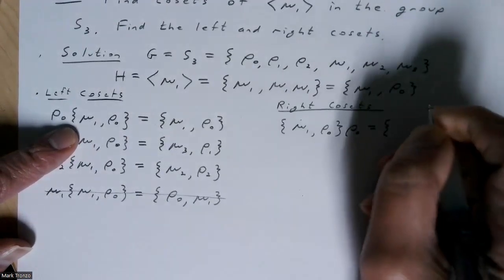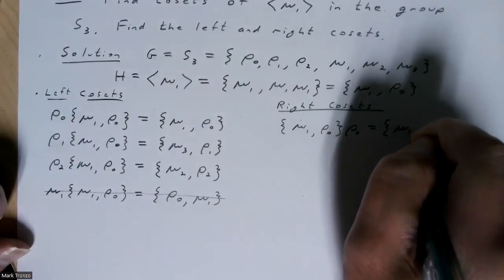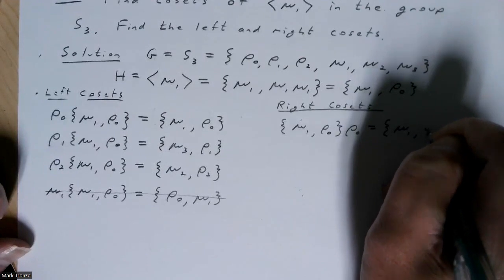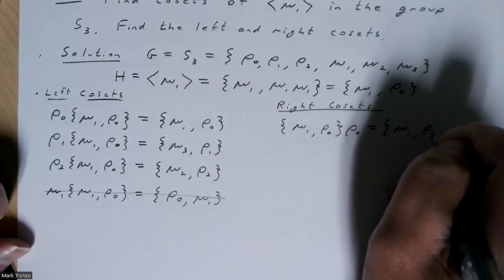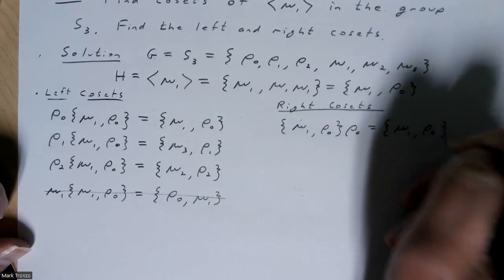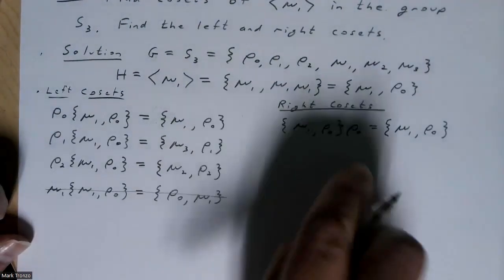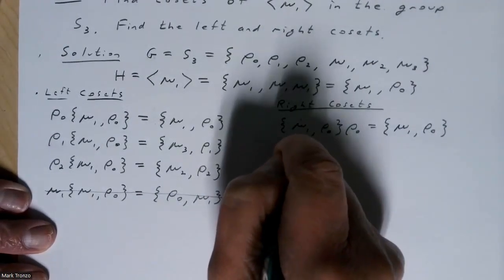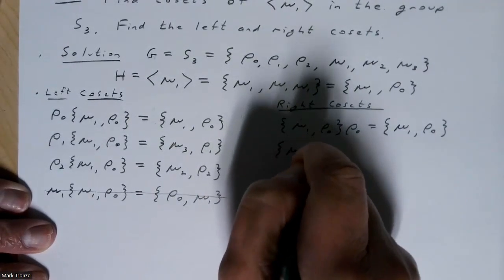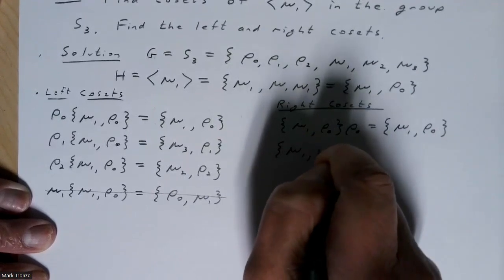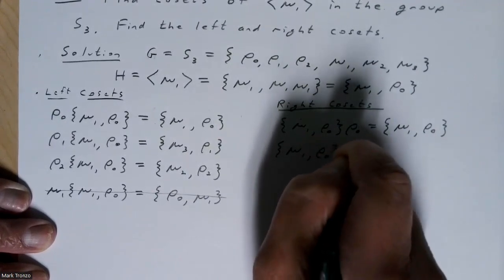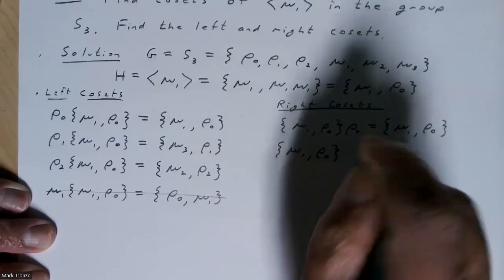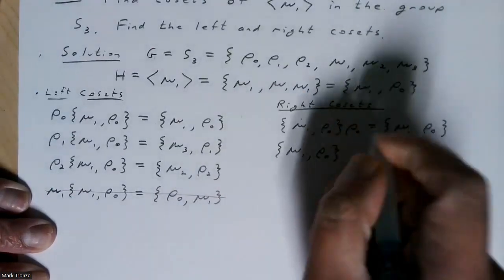And of course, this is the identity, so it's going to be mu1, rho naught, because the identity just always gives the element back. And let's go over here. mu1, rho naught, multiply on the right by rho 1.